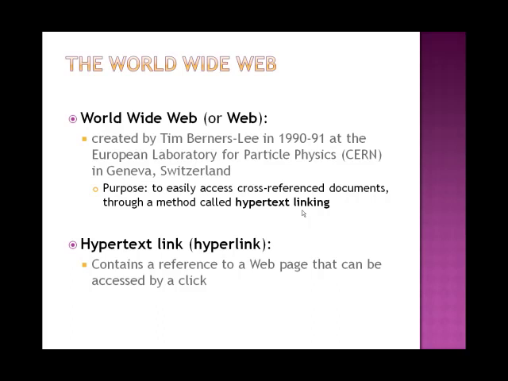And the idea that Berners-Lee had, who is basically the father of HTML, or hypertext markup language, was to use a method called hypertext linking, so that you would be able to access information by linking from one document within another document.